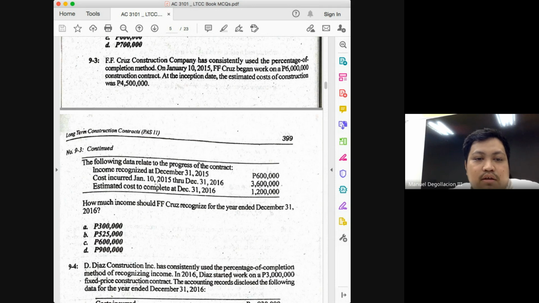Question. Assuming the cost at completion in 2015 is 4,500,000, how much was the percentage of completion in 2015, or in year 1?